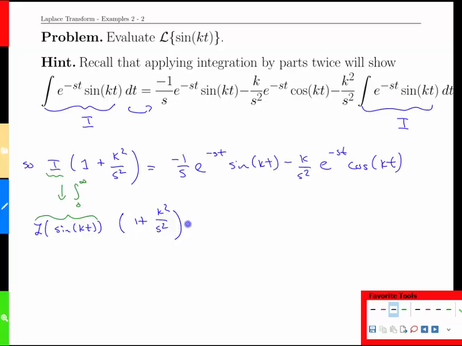Those don't involve t's. But what does happen, if we're going to integrate from 0 to infinity, and you remember how that works with integration by parts, we add the limits as limits of integration to any terms that popped out as part of the integration by parts. So we simply copy down this expression here.